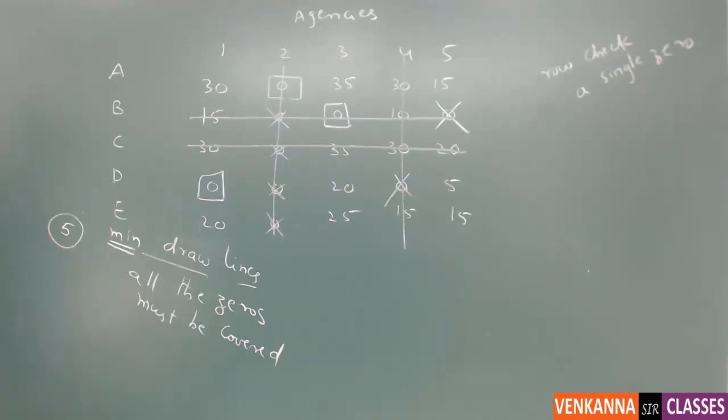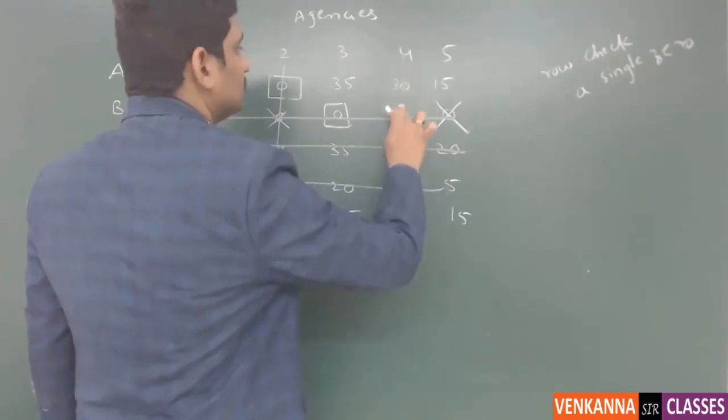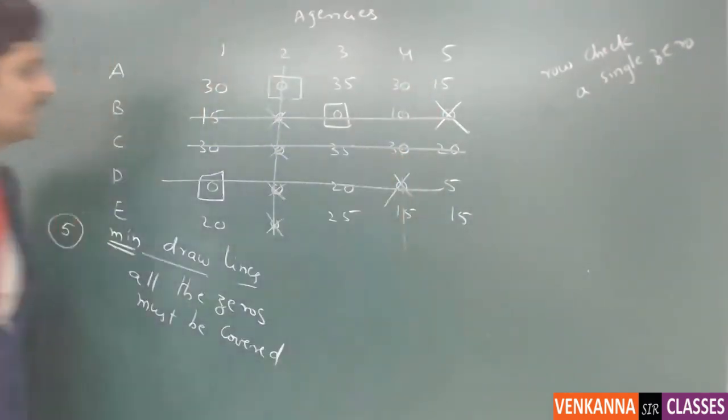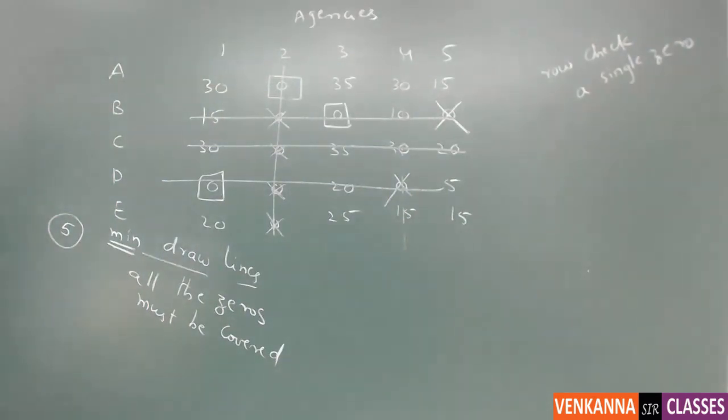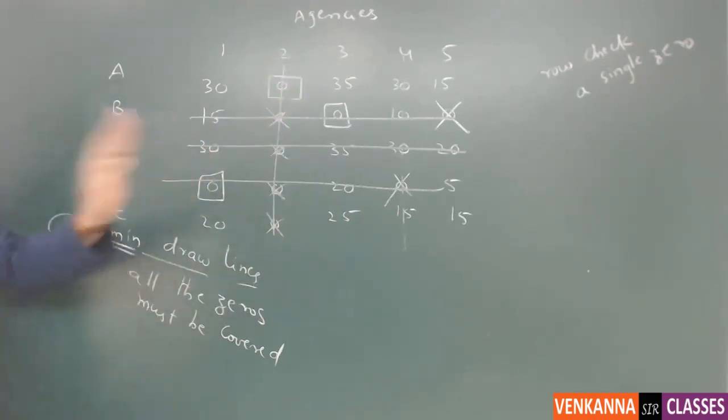So for this, can I draw like this? Then is this acceptable now? So if you draw the lines horizontally here, here and here, and you have one column left here, so 4 lines are required.